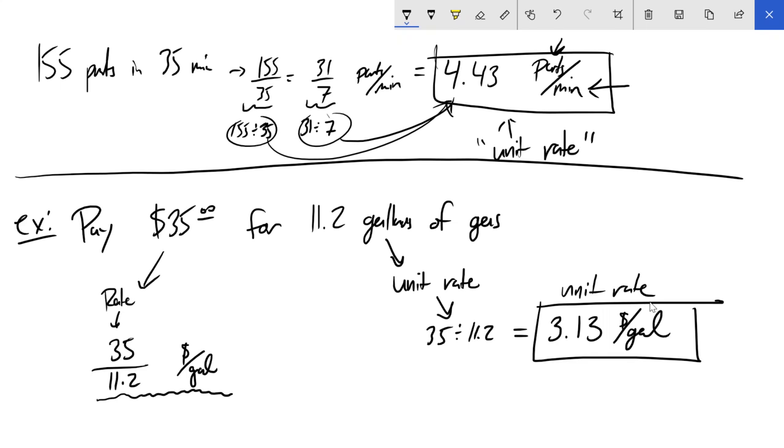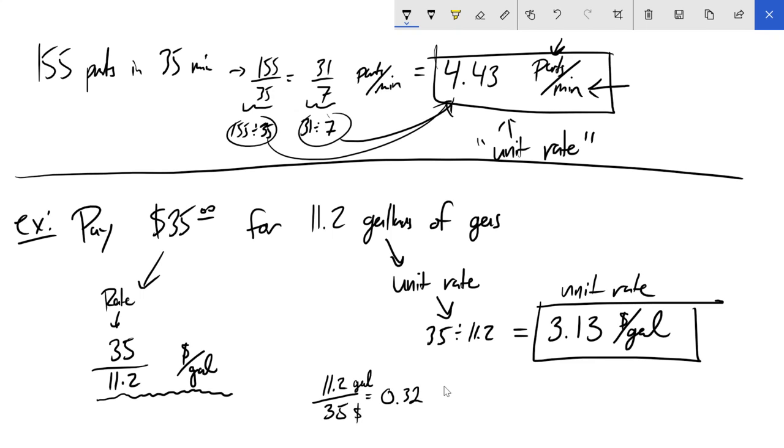Now, does the order you divide matter? Absolutely it matters. What if you divided the other way? You'd get 0.32. But what are the units? 11.2 was the gallons, and 35 was the dollars.